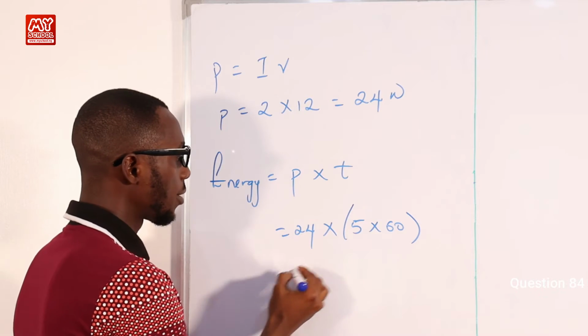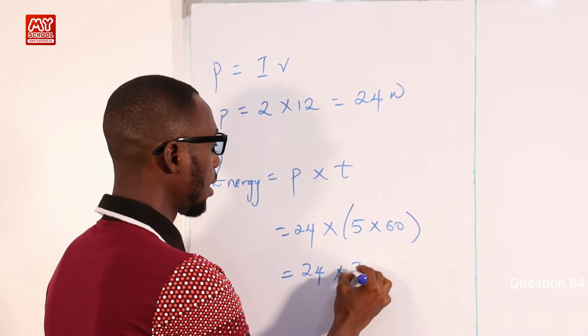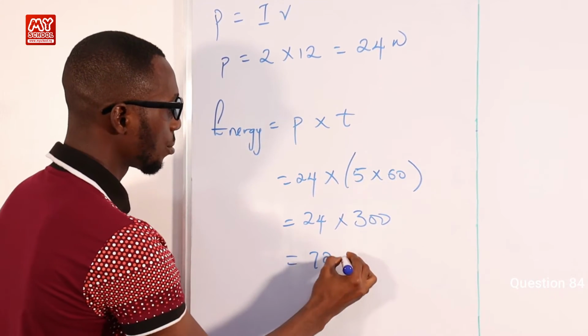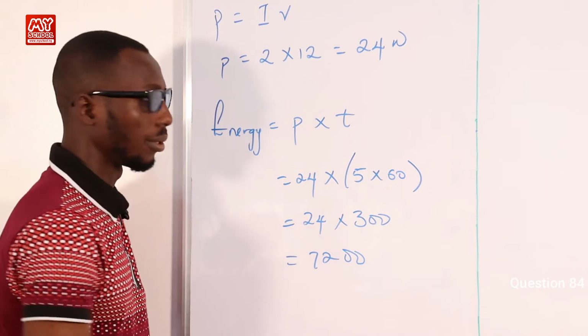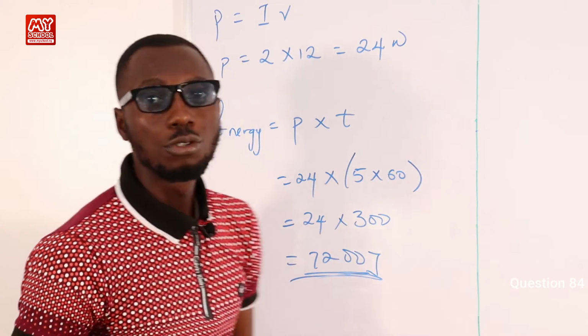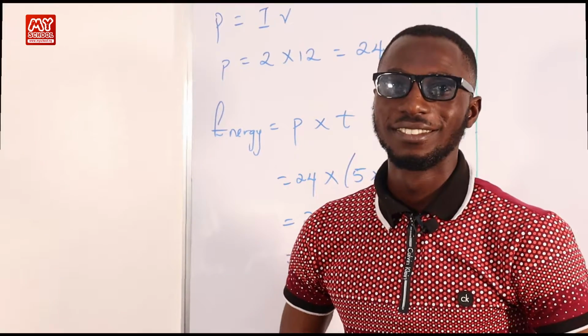So that implies 24 times 5 times 60, that is 300. 3 times 4, that is 7200. Energy is measured in joules. So when we go through our options together, option C is very correct.